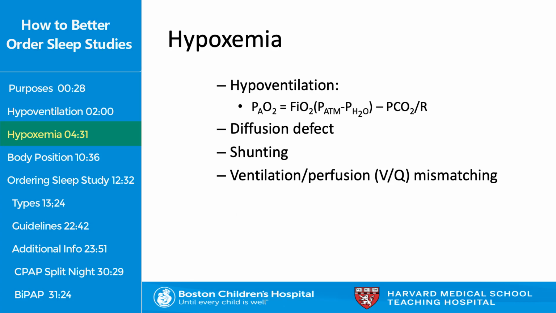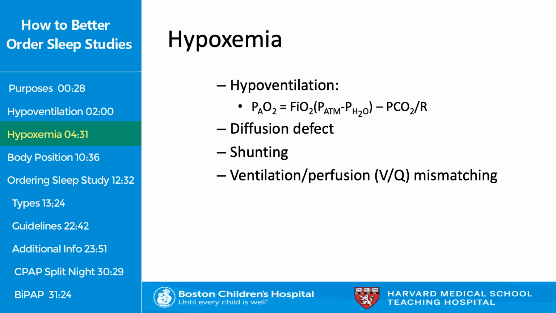When we think about hypoxemia, it's important to consider that there are 4 main causes of hypoxemia. The first is hypoventilation, and hypoventilation directly correlates with hypoxemia. As you can see here, this is the alveolar gas exchange equation, and as the PCO2 increases, the PAO2, capital A O2, necessarily decreases.